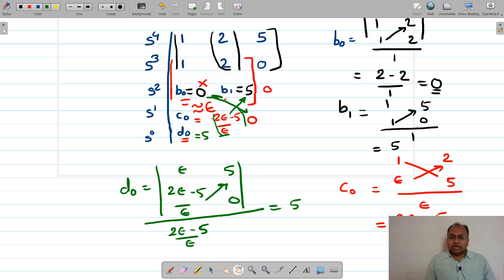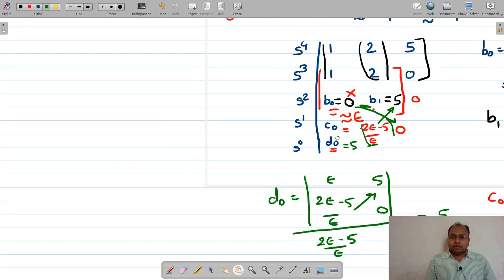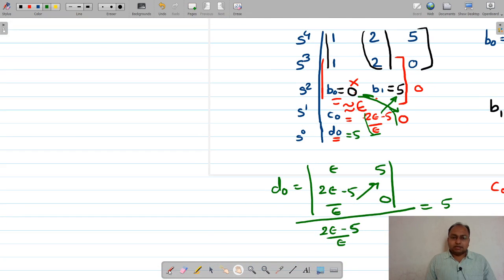So D naught is coming as 5. My final answer can be written like this: s raised to 4, s cube, s square, s raised to 1, s raised to 0. Up to s raised to 0 you have to calculate it.